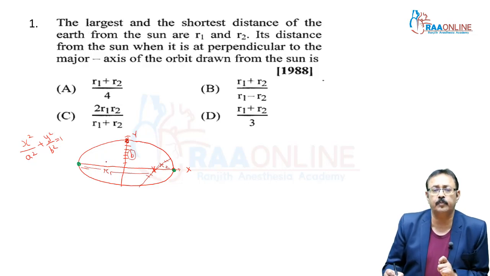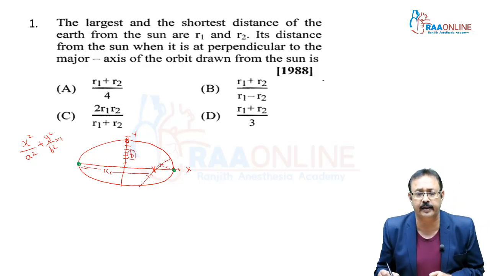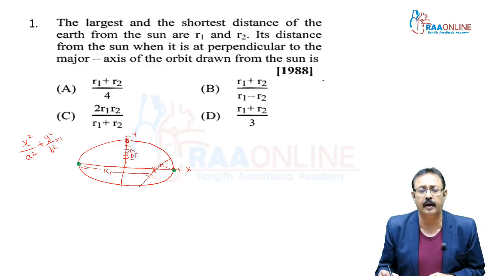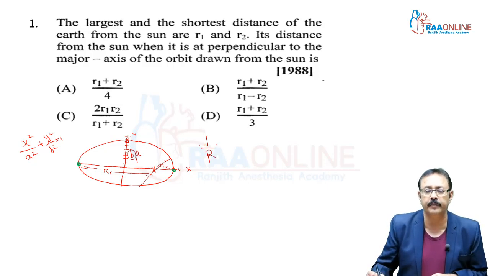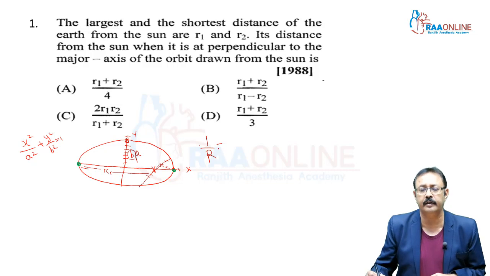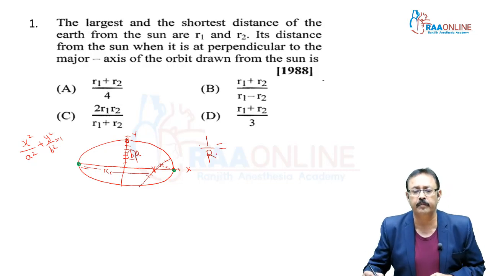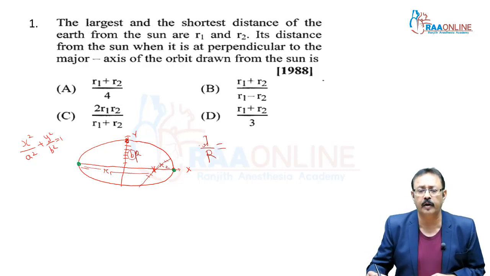Its distance from the sun when it is perpendicular to the major axis of the orbit drawn from the sun is, suppose it is R, we are taking it R. It should be the harmonic mean of these two parts of the focal chord, means 2 upon R should be equal to 1 upon R1 plus 1 upon R2.